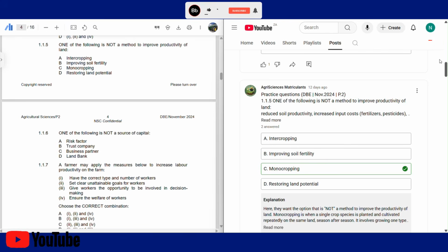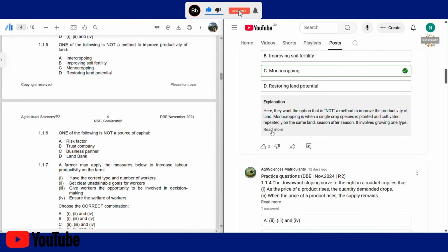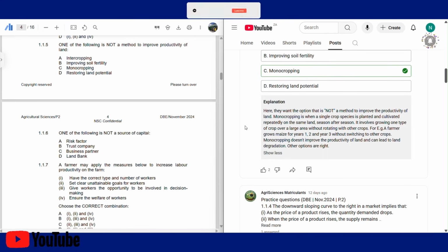Yeah, that's right. And we have the explanation here. Here they want the option that is not a method to improve the productivity of land. Monocropping is when a single crop species is planted and cultivated repeatedly on the same land season after season. It involves growing one type of crop over a large area without rotating with other crops.